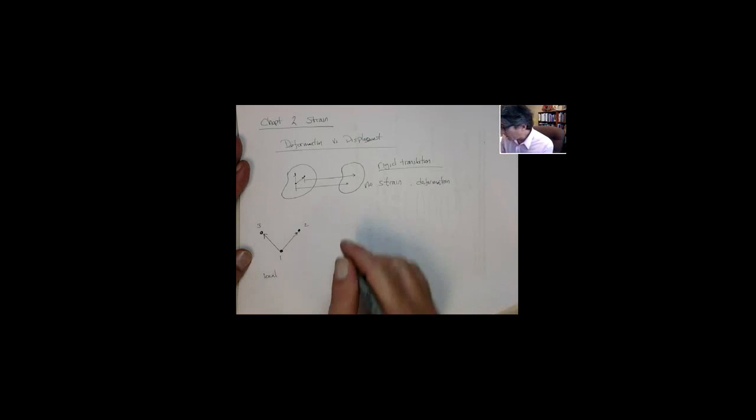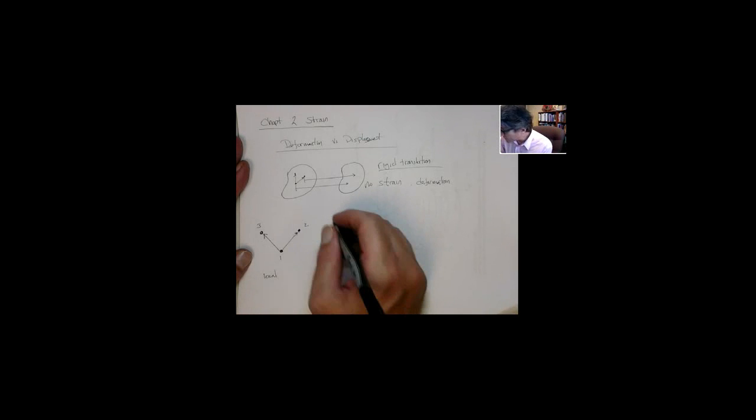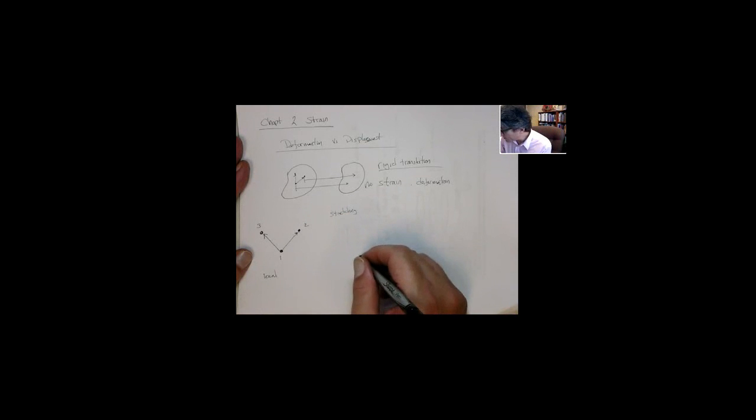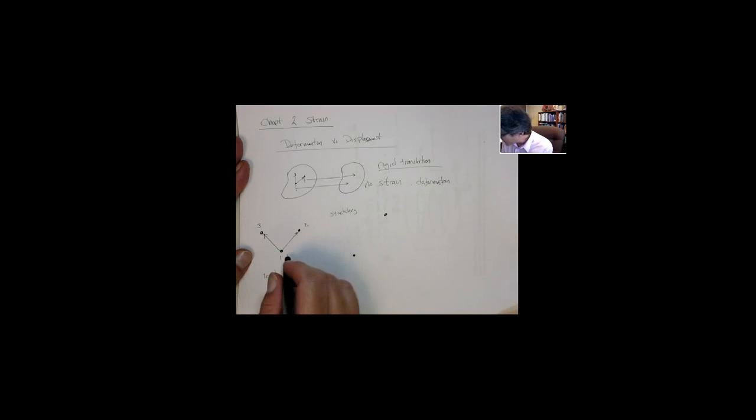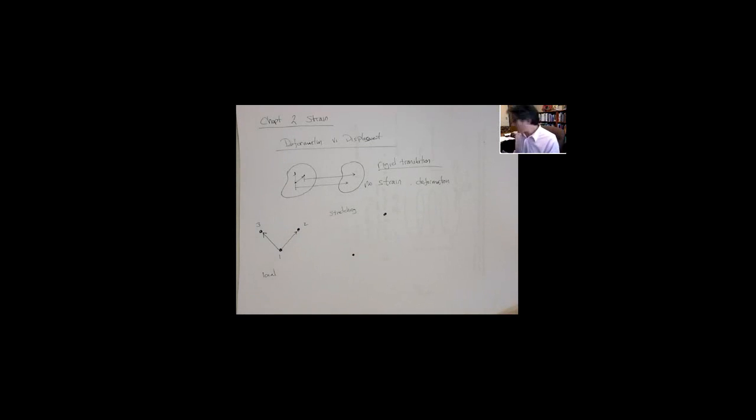Okay, now as this deforms, a couple of things can happen. One is you can actually get stretching. And if you look just at the points 1 and 2, let's say point 1 moves here and point 2 moves here. Let's do a different color.